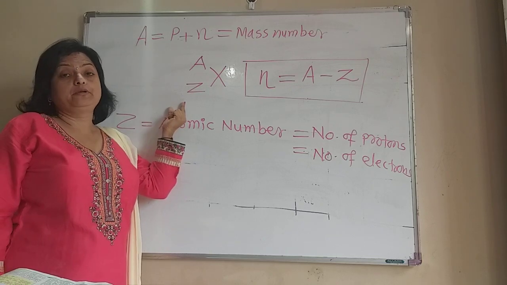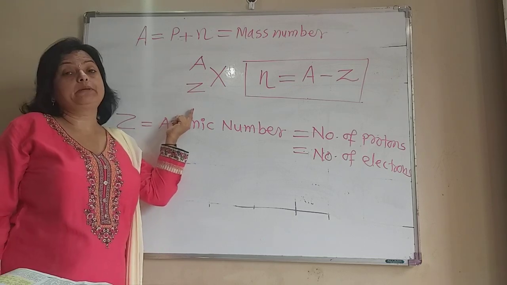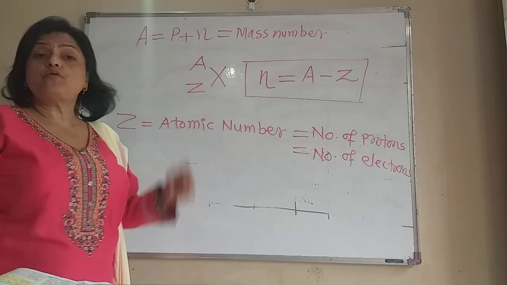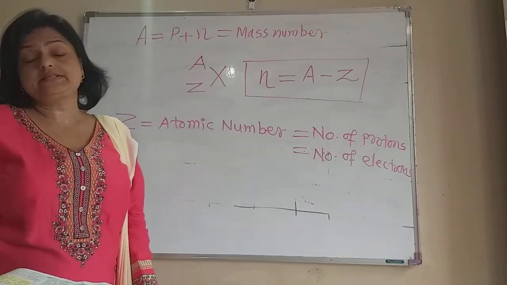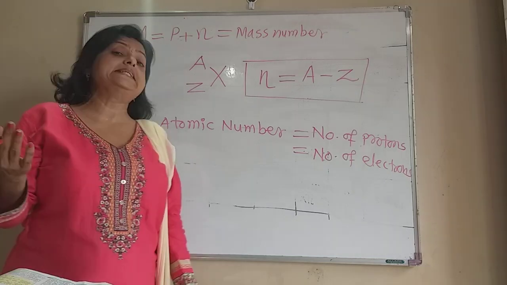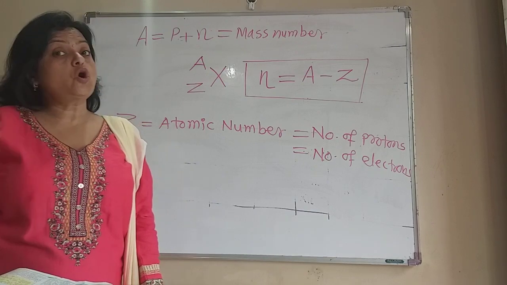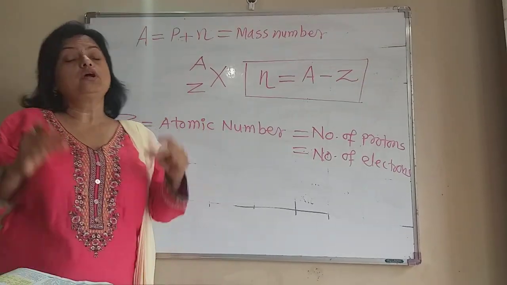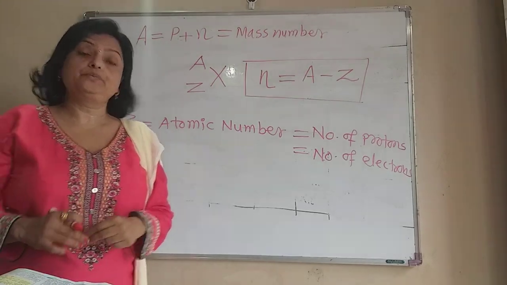You know the periodic law of the modern periodic table. First, Mendeleev said that mass number is important, so he gave his periodic law in terms of mass number. But after the discovery of the proton, the atomic number became very important for the classification of the elements.